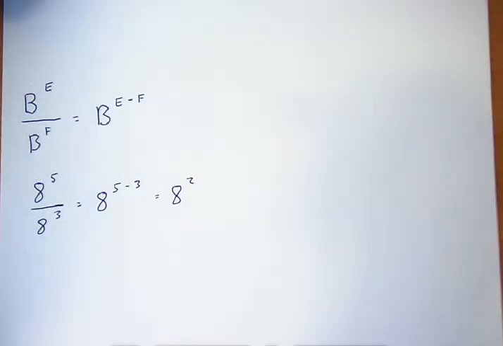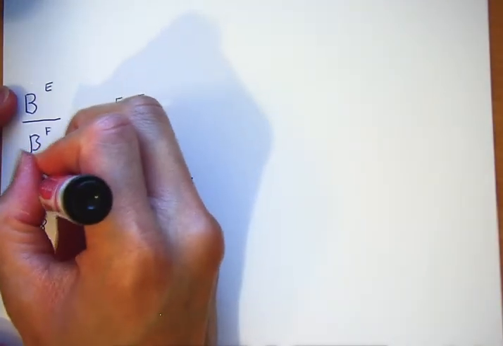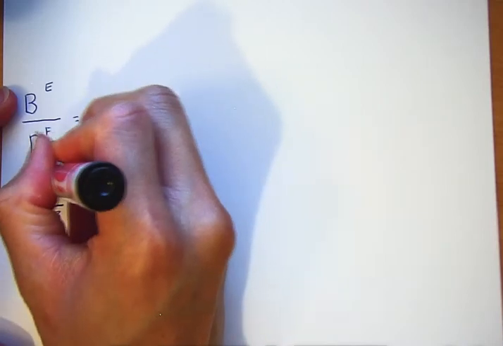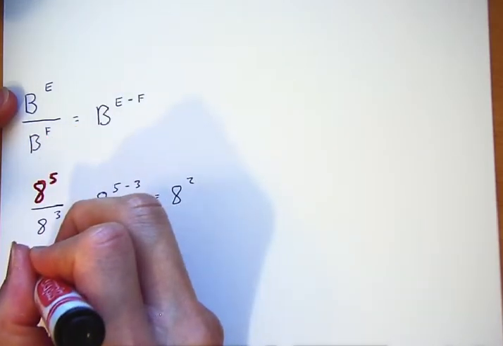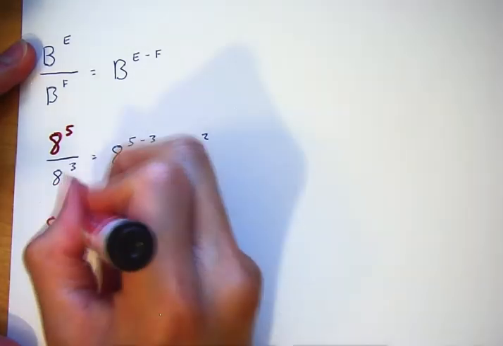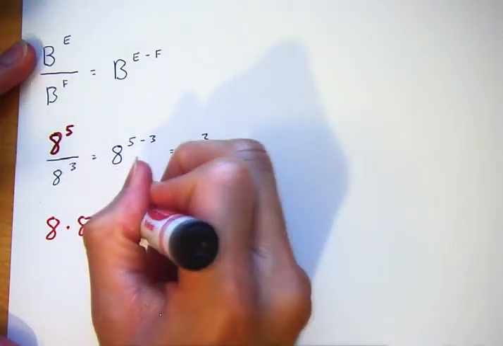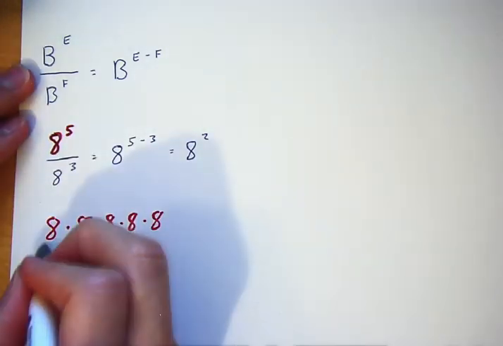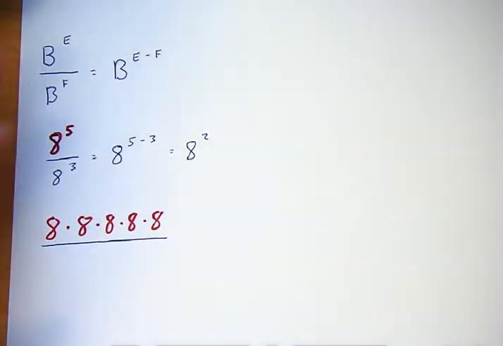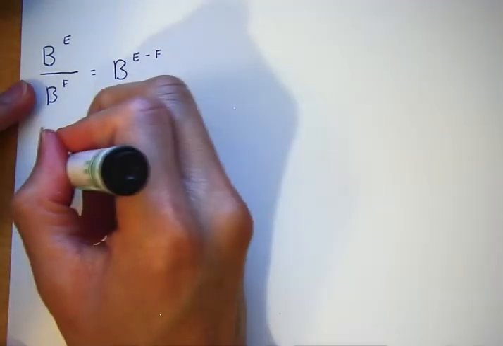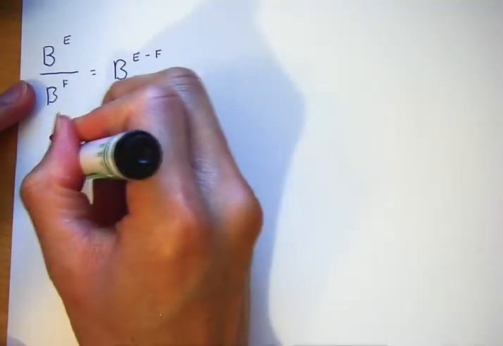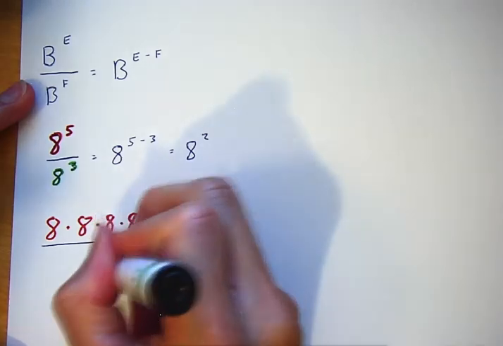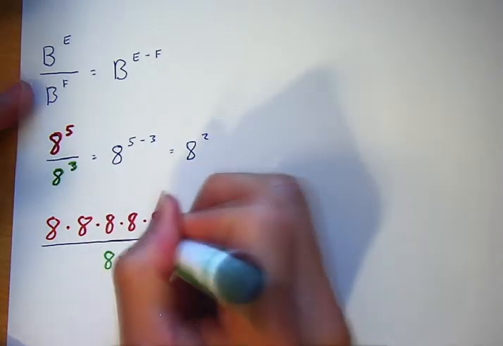The reason for this: 8 to the 5 power is 8 times 8 times 8 times 8 times 8, or 8 to the 3 power is 8 times 8 times 8.